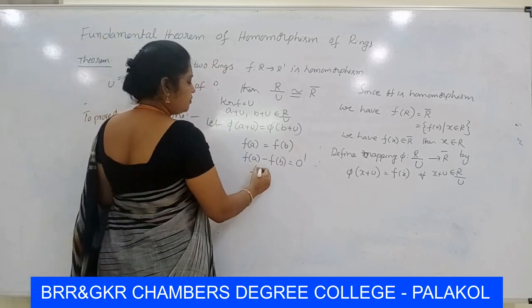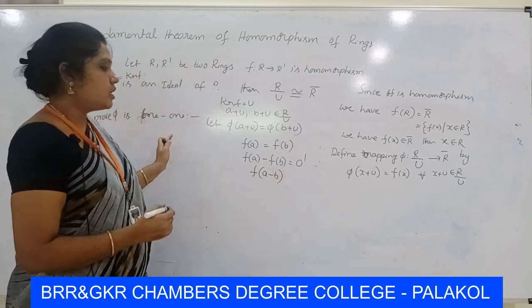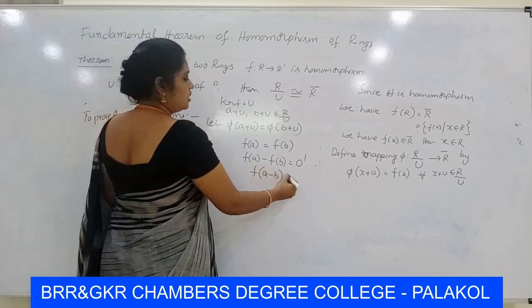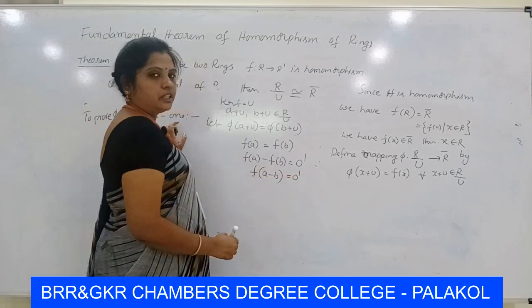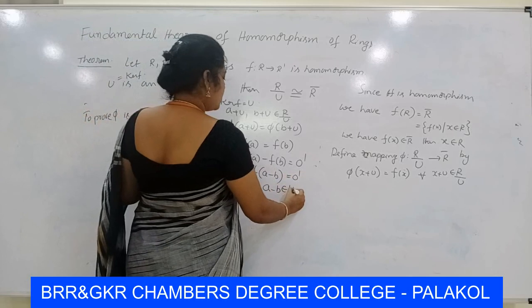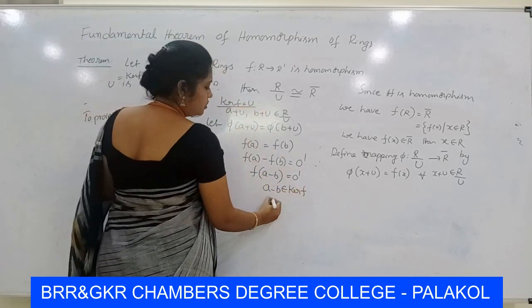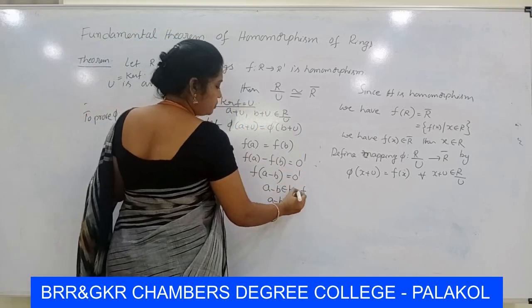Since F is a homomorphism, F of A minus F of B can be written as F of A minus B, equal to 0 dash. Then A minus B belongs to kernel F. Here we take kernel F as U, so A minus B belongs to U.